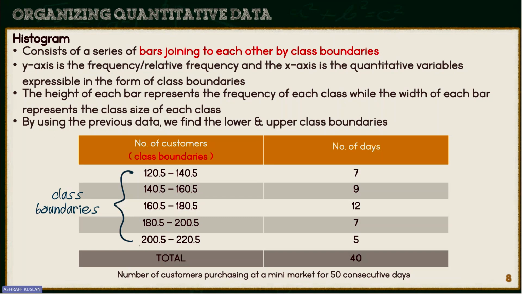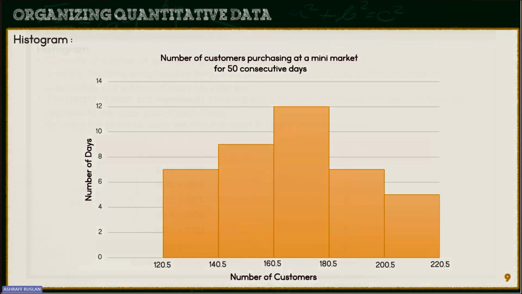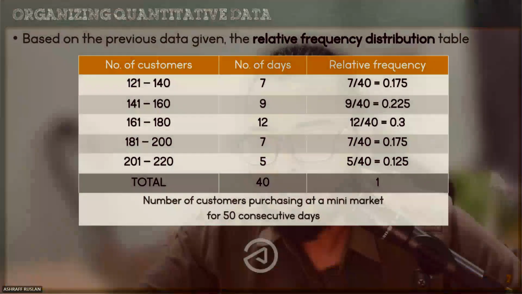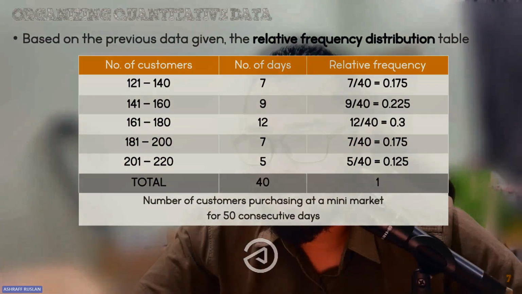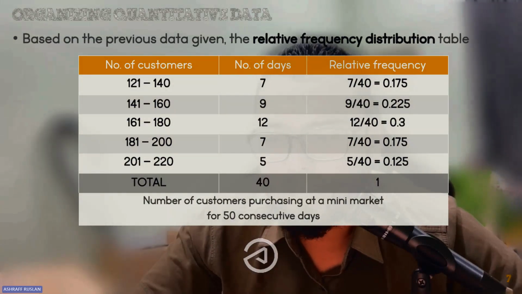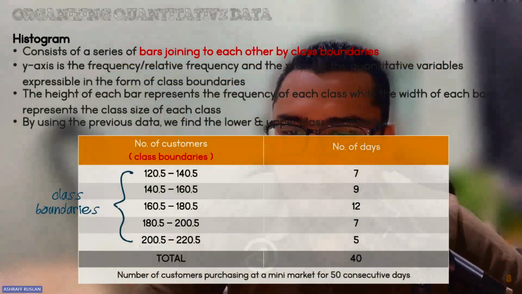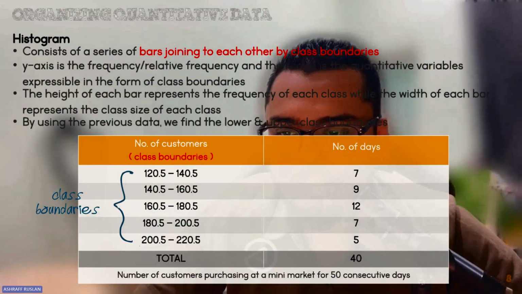Or in other words, if we notice here, 140 to 141 is actually the middle between that class. So that one becomes the class boundary. Okay, the frequency remains the same lah. Okay, sama je.